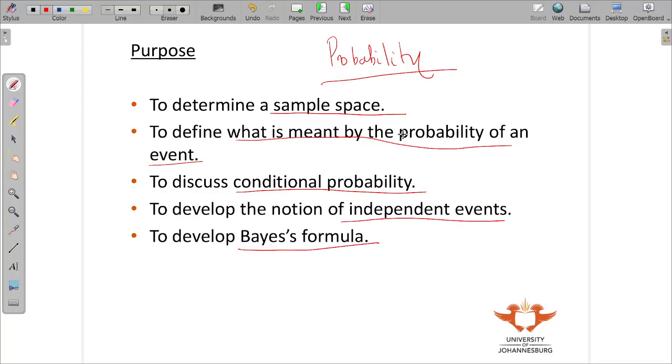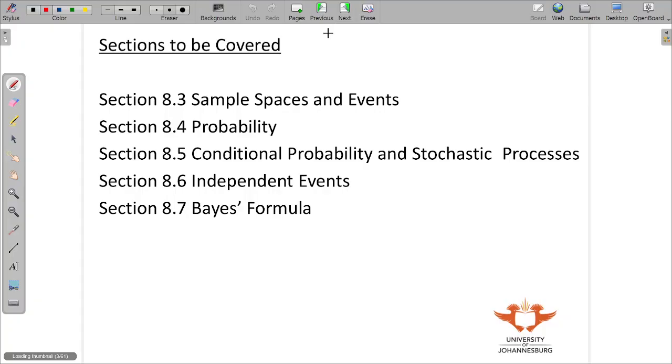So that is what we are going to be covering in Chapter 8. We are going to jump into 8.3, 8.4, 8.5, 8.6, and 8.7.